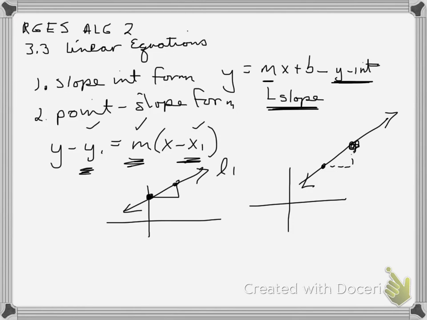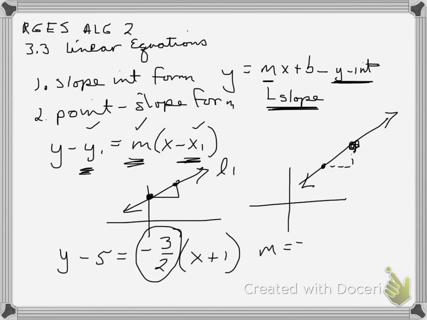So the second one, which is the point slope form, would look like something like this. y minus 5 equals negative 3/2 times x plus 1. And I can read off of this, my slope, or m, equals negative 3/2, and my y and my x can be read off also.